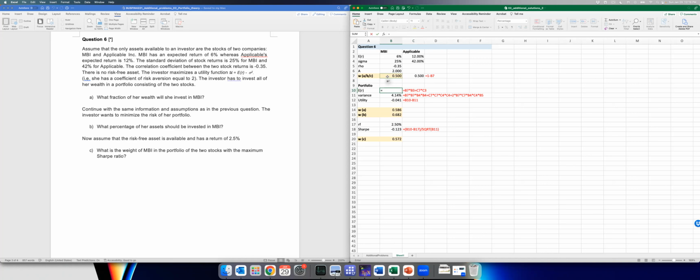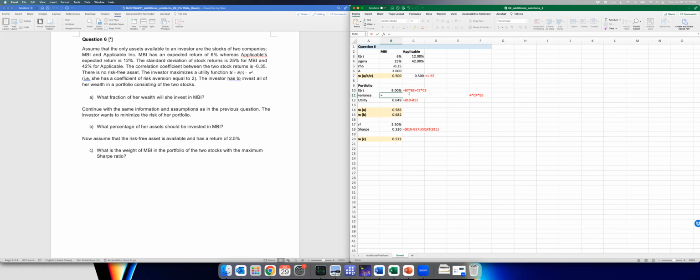So that's 0.5 times 6%, plus 0.5 times Applicable's 12%. And that gives you 9%. I have put down the formula in red here so that you can review the formula.